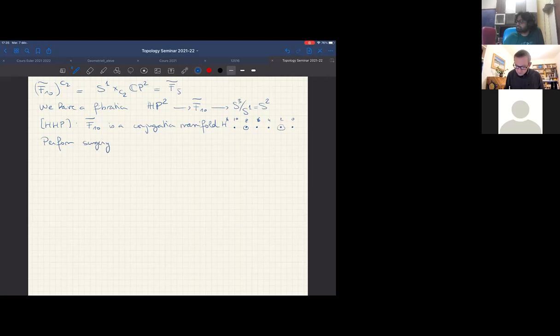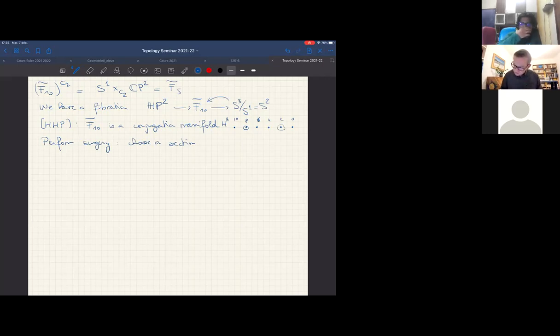We perform surgery on the following. So we choose. So this fibration is split because there is a fixed point on the S1 action on HP2. That was one handy reason to let S1 only act on one half of H.